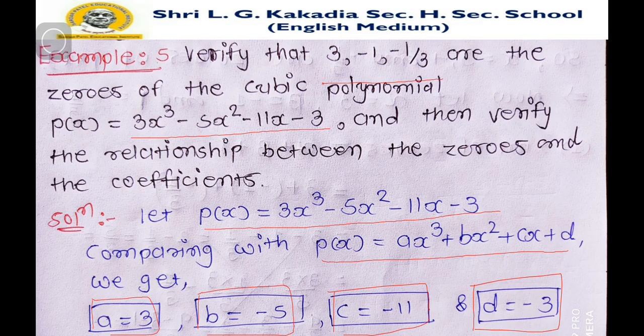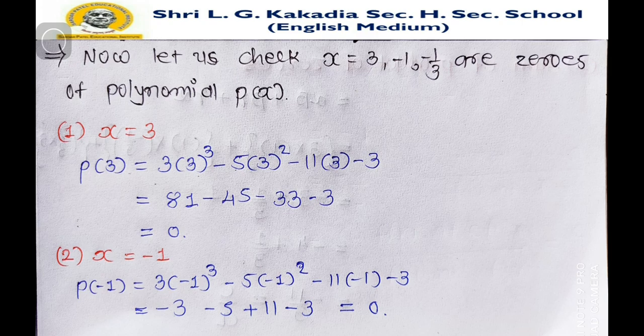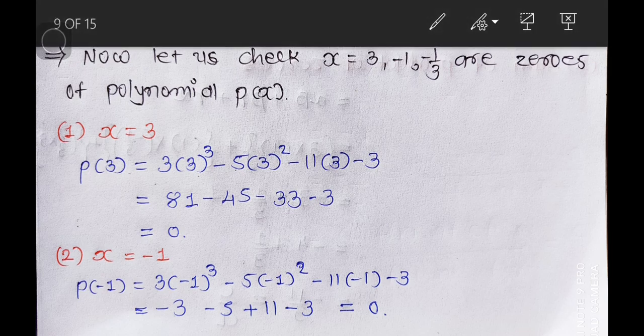Now let me verify that 3, minus 1 and minus 1 by 3 are zeros of the polynomial. How can we check this? By replacing the value of x in p of x. So the first value is 3, so x is equal to 3. We replace x by 3, and if we get 0, then it will be a zero of the given polynomial.